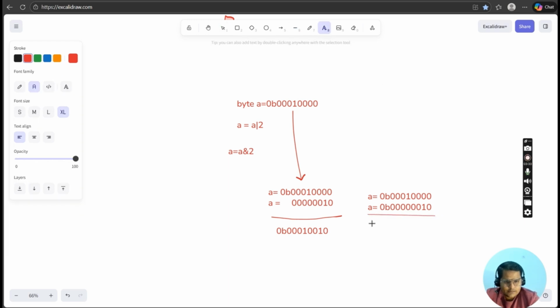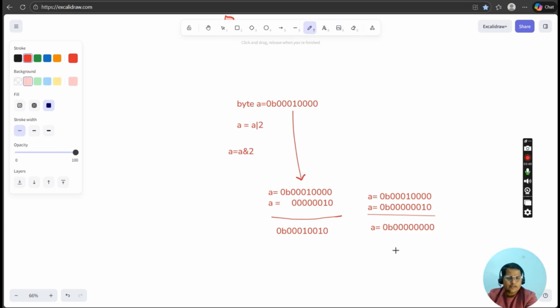When I'm doing AND operation, AND is basically kind of multiplying, right? So 1 into 0 will be 0, again 1 into 0 is 0. Did you notice that when I'm doing AND, I am clearing the pin? Now the value is becoming 0.